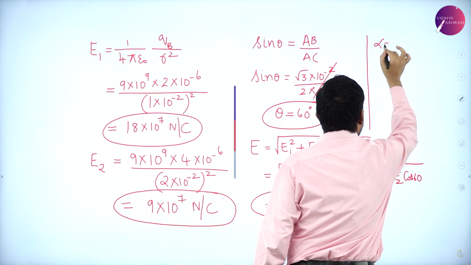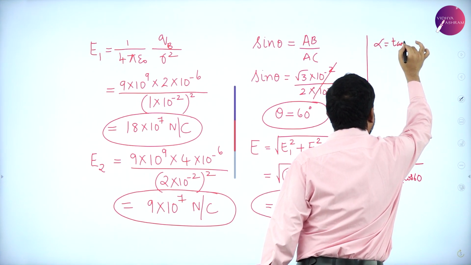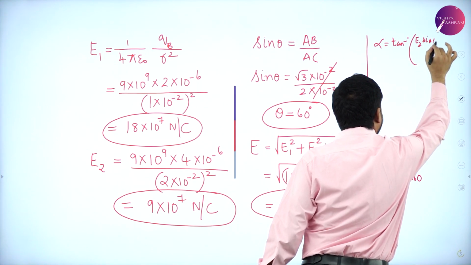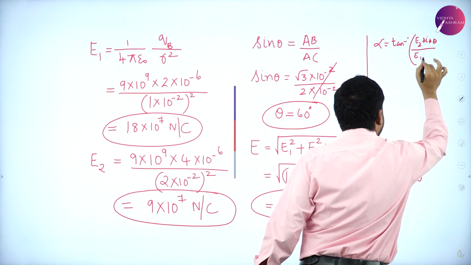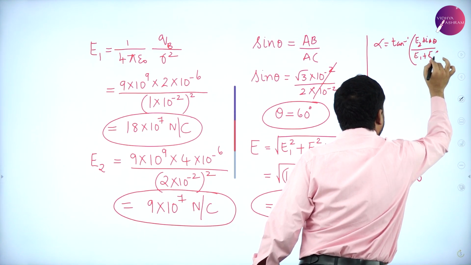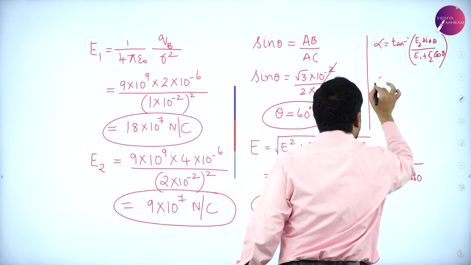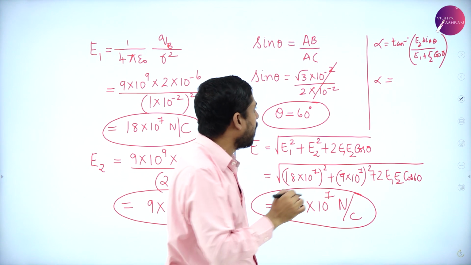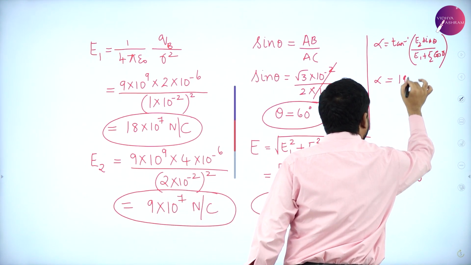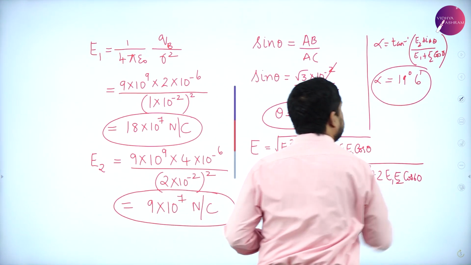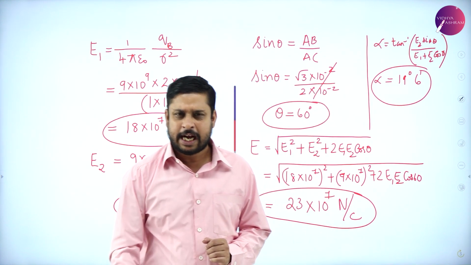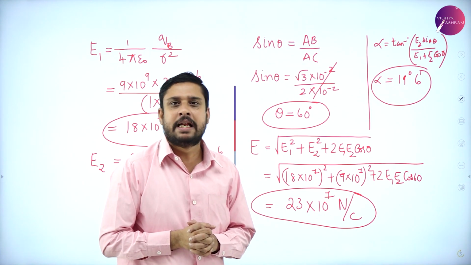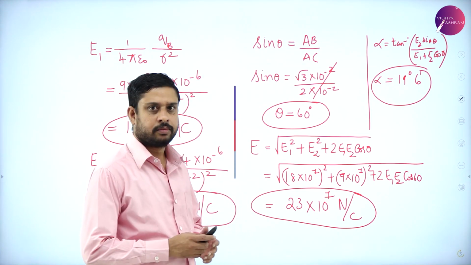So alpha is tan inverse of E2 sin theta by E1 plus E2 cos theta, and on simplification alpha turns out to be nearly 19 degrees 6 minutes. A quite genuine problem. Step by step you solve, you will arrive at the answers.